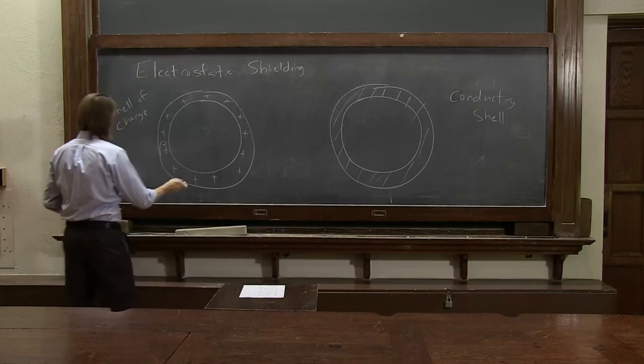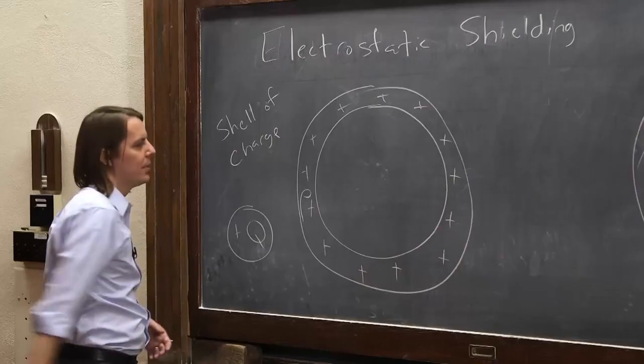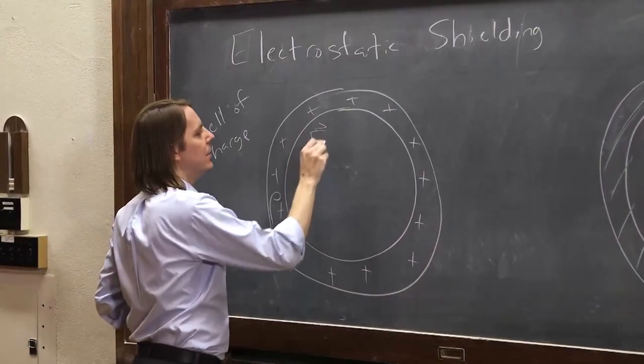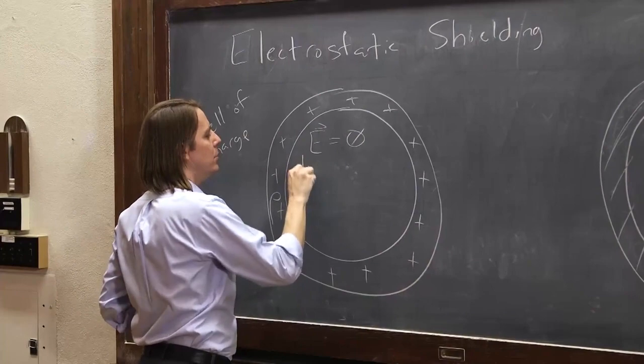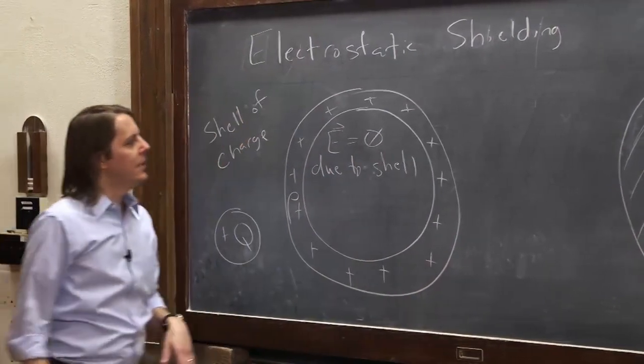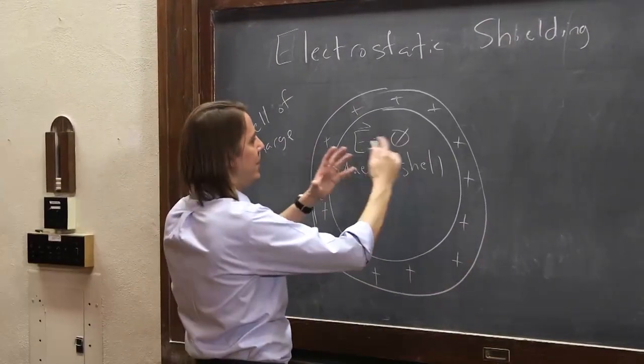Let's imagine that we have some big whopping charge here, plus Q. What will the field be inside? Well, the electric field will be 0 due to the shell. And that's a Gauss's law problem that you'll probably do in the homework. You can show that the E field inside this thing is 0.